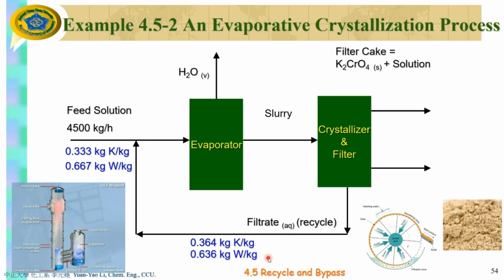That's what we know, right? Sorry, I think I made a mistake. The second paragraph, the end of line 2, the concentrated stream leaving the evaporator contains 49.4% potassium chromate. This is what we need to know.